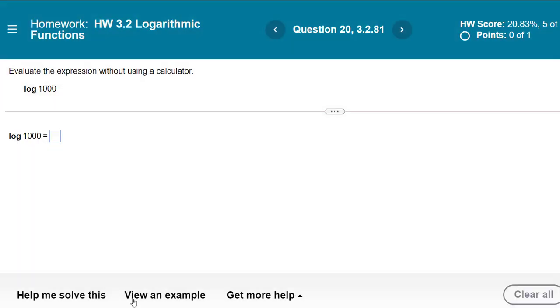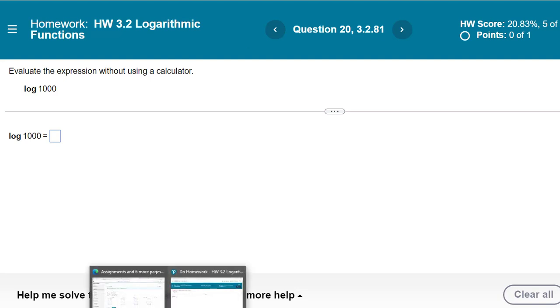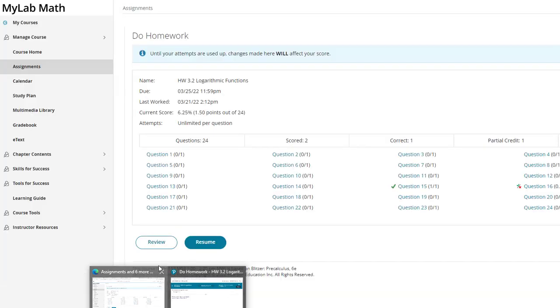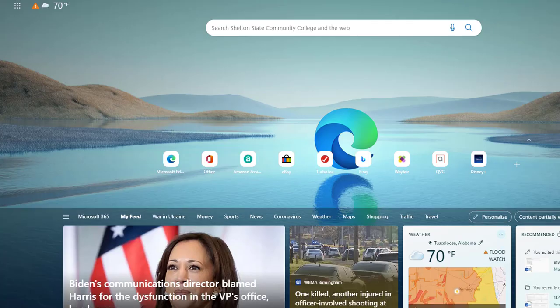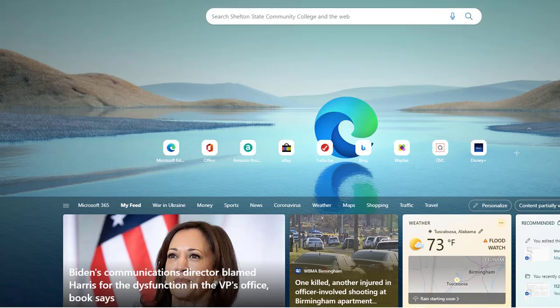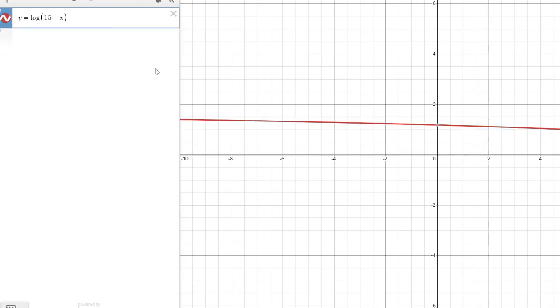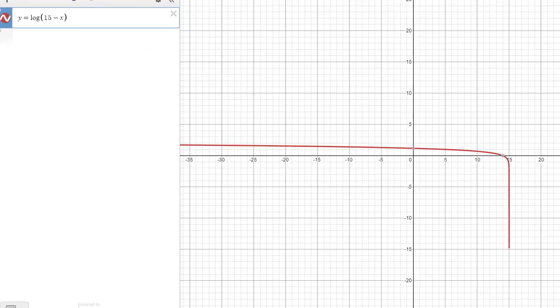All right? Let's look at that graph just so you can see. Let me go back. The log of 15 minus x. Let me do this in Desmos real fast to show you. Y is the log of 15 minus x. All right, see this guy? So it's from negative infinity to 15.